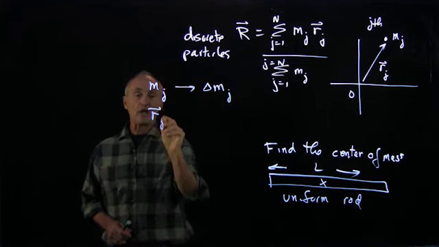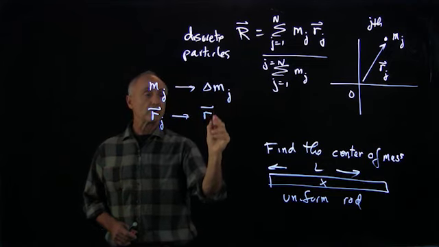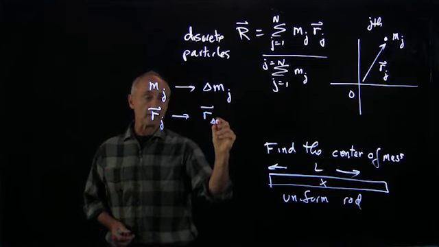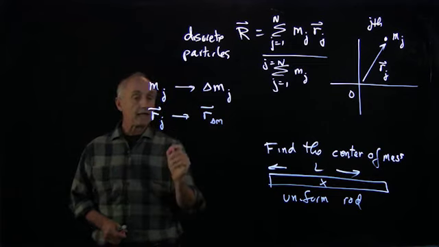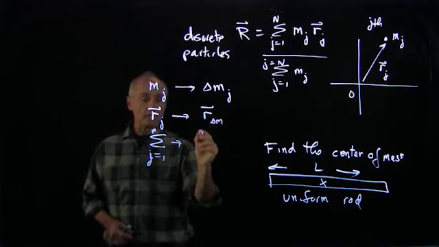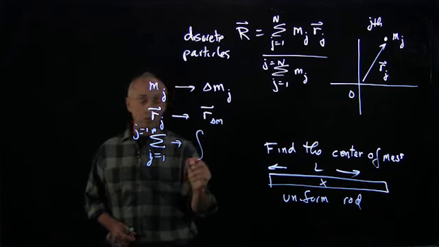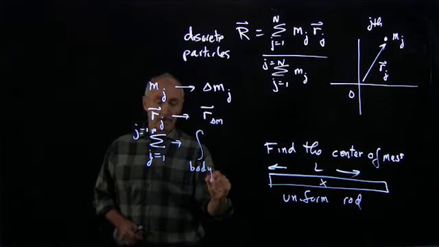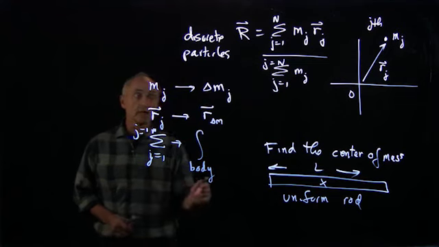Our vector rj will go to a vector for this mass element. I'll just write it delta m. And our sum from j goes from 1 to n is actually going to go to an integral over the body. So let's see how that looks.